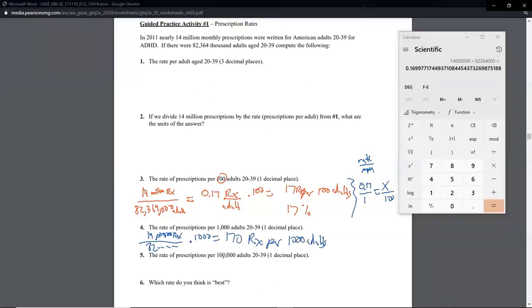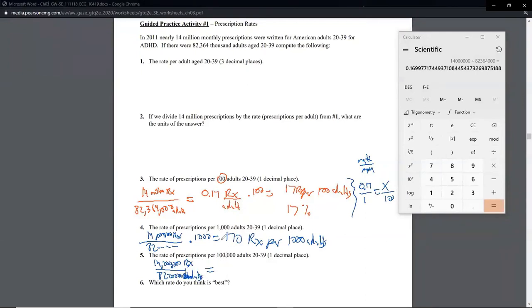If you want to scale this to 100,000 people, well, you take that same division, the 14 million, and you divide it by the 82 million. And that was prescriptions and then adults. And yes, I just rounded the number, but I wouldn't actually use that. Sorry, that got a little sloppy. As I've said before, there's no algorithm making my handwriting better in this, so it looks awful.